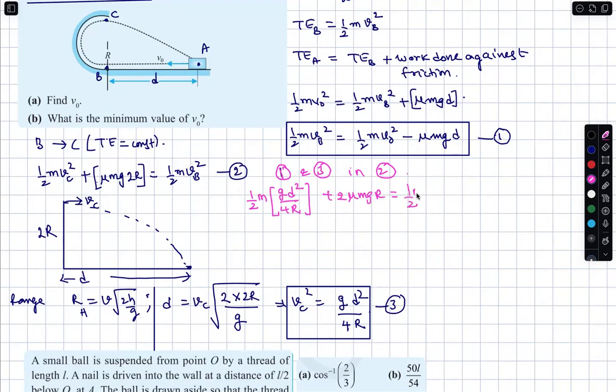Why 2 mu mgr? B to C are common here. Why do you require mu here? Simply mg.